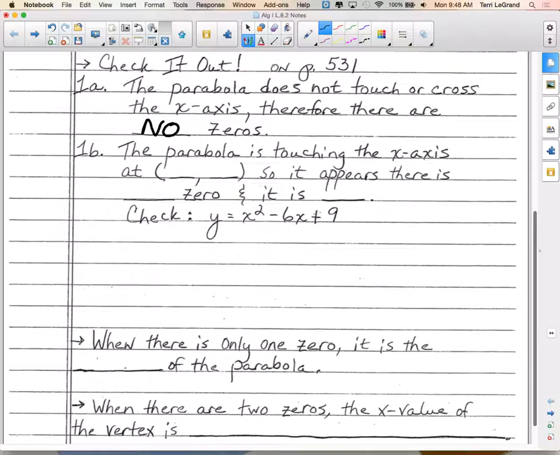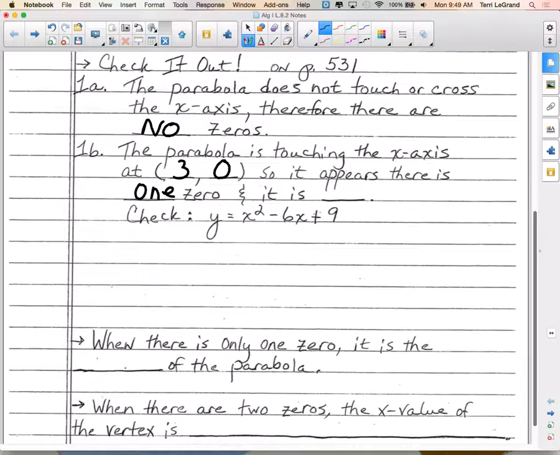In 1b, that it's touching the x-axis at 1, 0? How about 3, 0? Thanks for joining us now, Chase. Okay. 1b, check it out, is touching the x-axis at ordered pair 3, 0. So it appears there is only 1, 0.